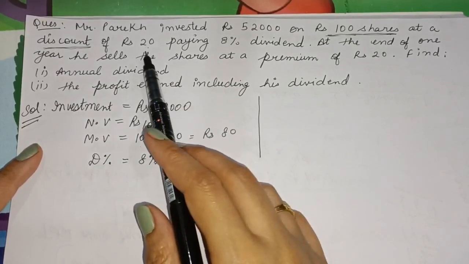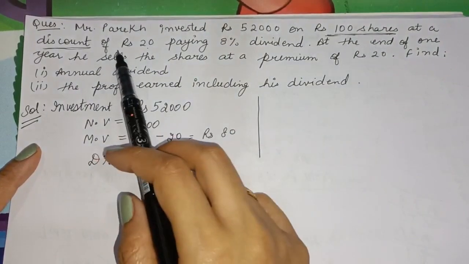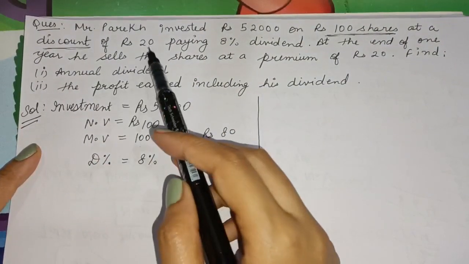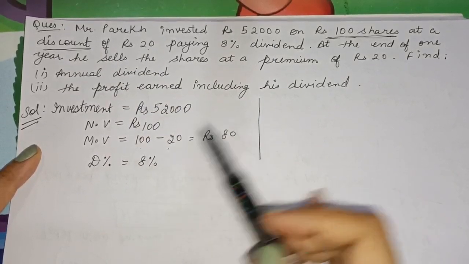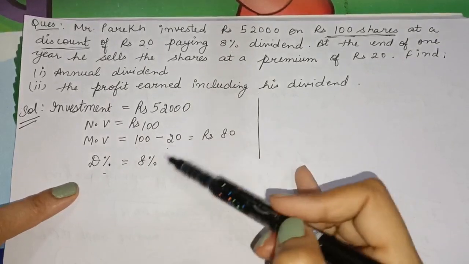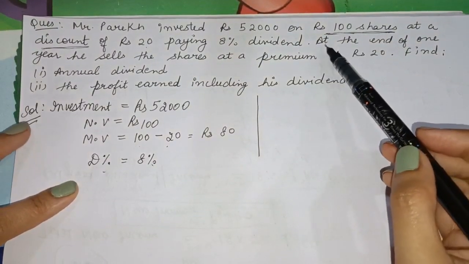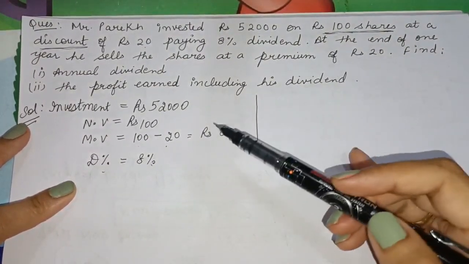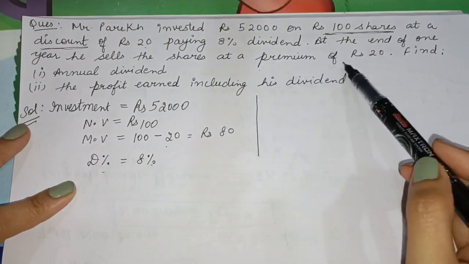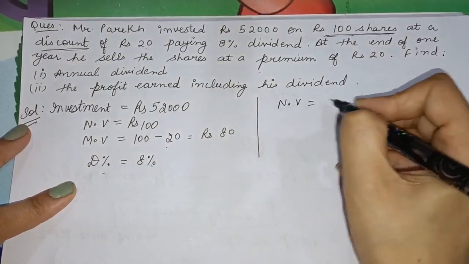So directly market value was not given to us. They mentioned he bought at a discount of rupees 20. So that means this 20 you have to subtract from the nominal value, and that is the market value. Dividend percentage is given to us, 8%. Now what he did, at the end of 1 year he sells the shares at a premium of rupees 20. So original nominal value was how much?